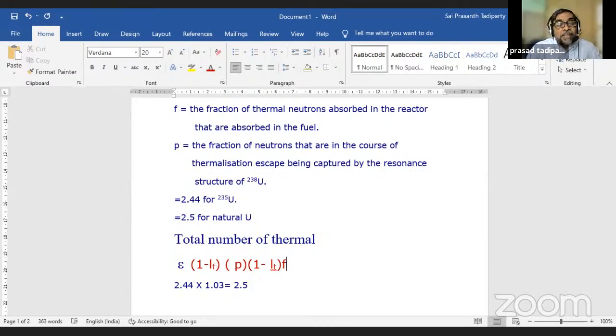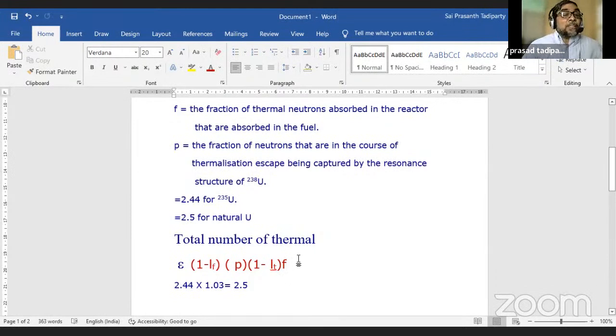If the loss factor due to these materials is 1 minus F, then the thermal neutrons available for interaction with U-235 will become nu epsilon 1 minus LF P into 1 minus LT into F. So many neutrons are available.